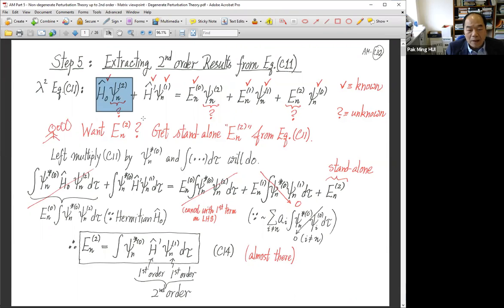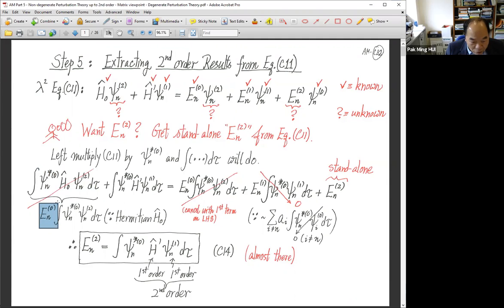Okay, now let's look at this term on the left-hand side. We multiply in an eigenstate of x0 by Hermitian condition. This can operate on this one, interchanging the two functions, and then that will pick up an eigenvalue.